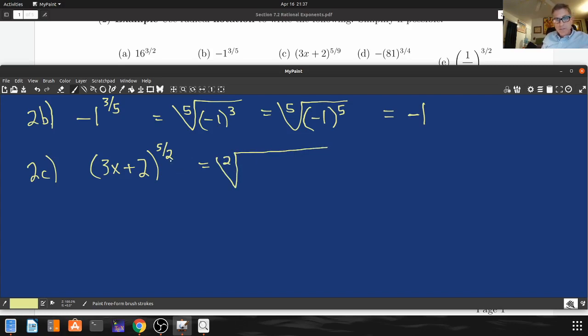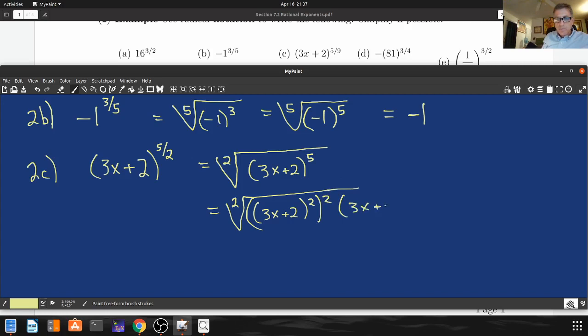So the denominator becomes my index, and the 3x plus 2 is my base raised to the power of the numerator. And the only simplification I can do is just an aesthetic one. We certainly do not want to do too much with it here, but we can do this. We can write 3x plus 2 squared times 3x plus 1.